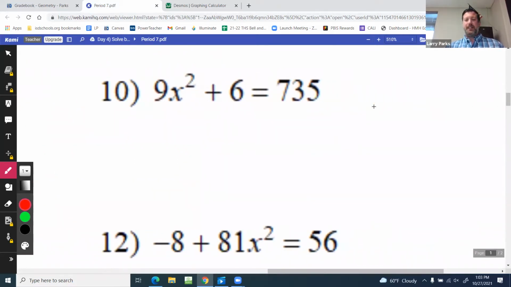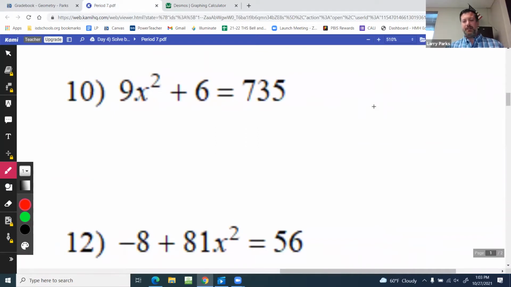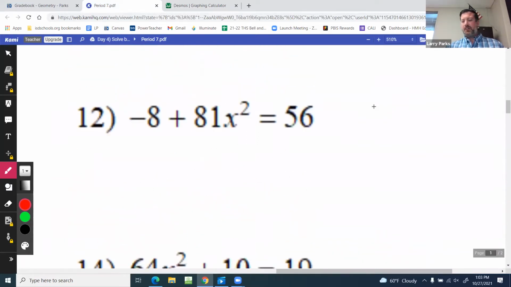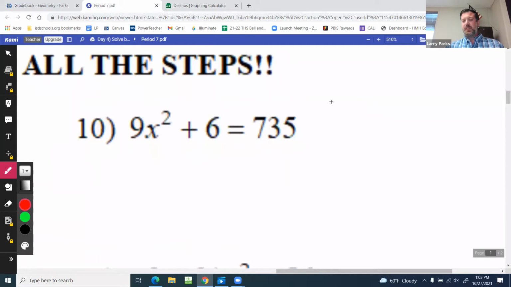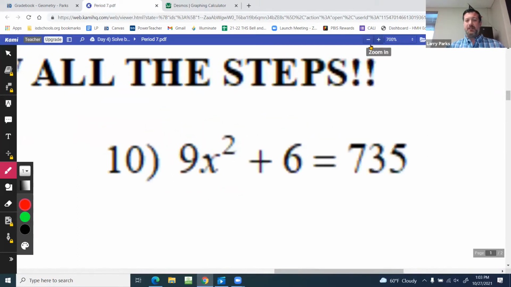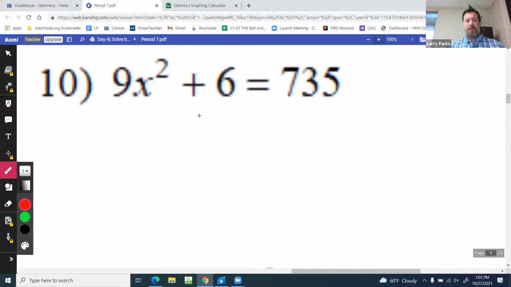All right, let's look at number 10. I would get rid of the 6 by subtracting 6 from both sides. Minus 6, minus 6.